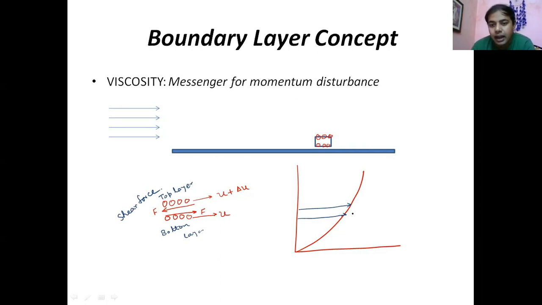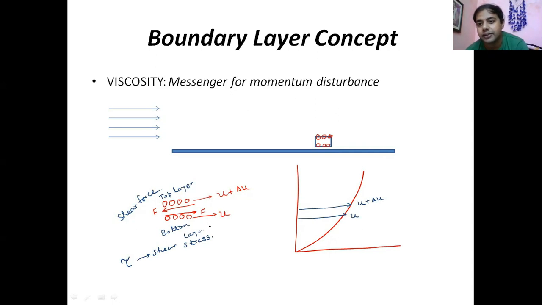So until here the velocity is u. And some force is acting, and this force per unit area will give you the stress. So from one layer to the other layer, the shear stress is acting because of the velocity difference.